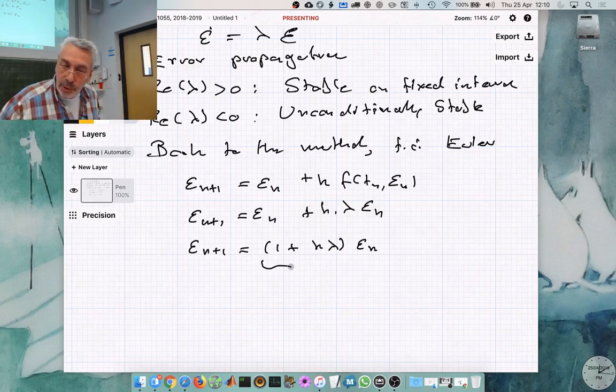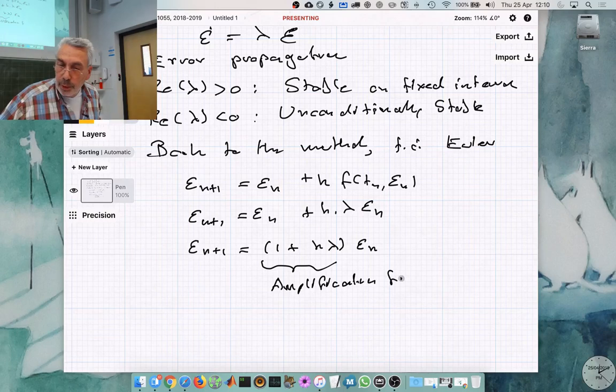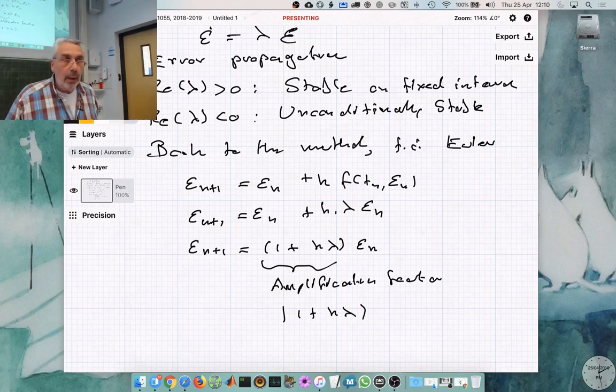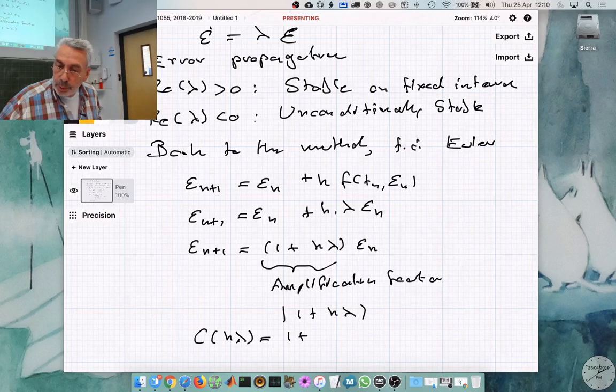This amplification factor, of which we should take the absolute value, of course, is 1 plus h lambda.